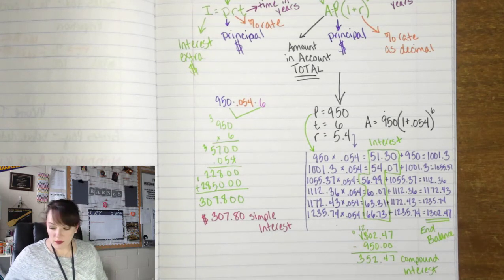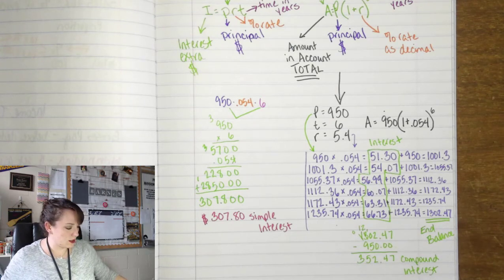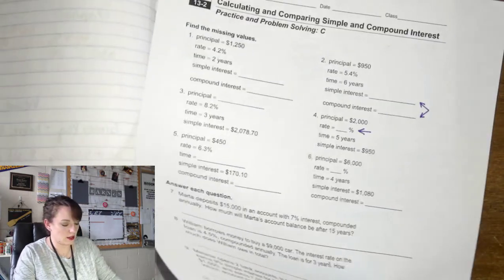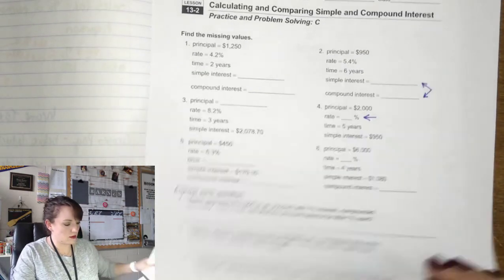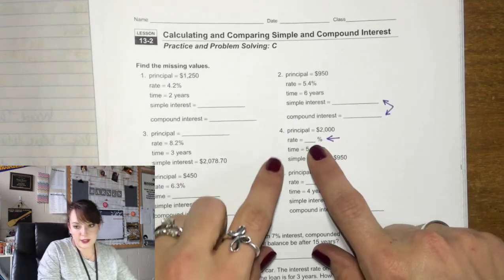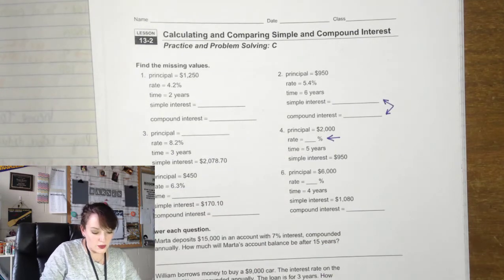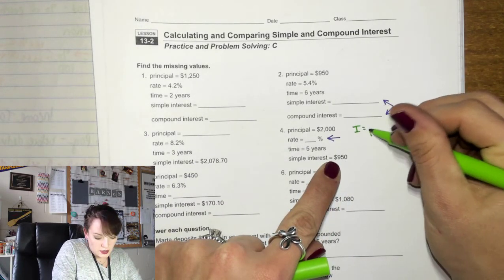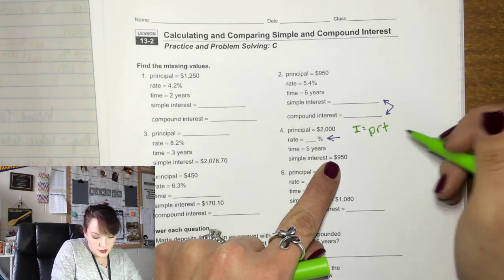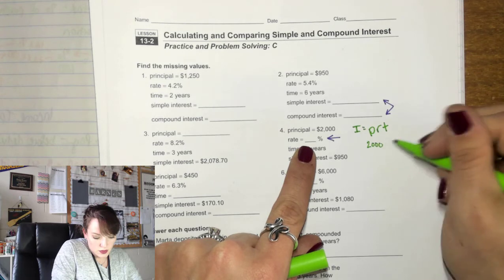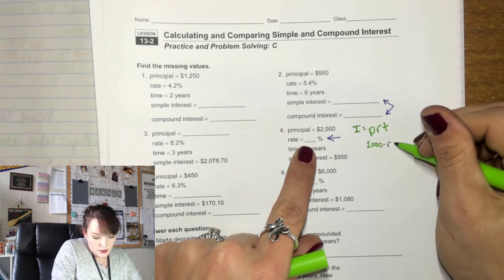Now, let's look at one that doesn't tell us the numbers I need. All right, right here, the rate is missing. I can use the simple interest, I equals PRT. Principal is 2,000. Rate is missing.